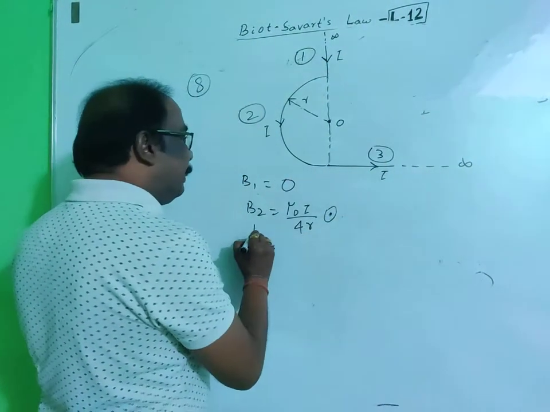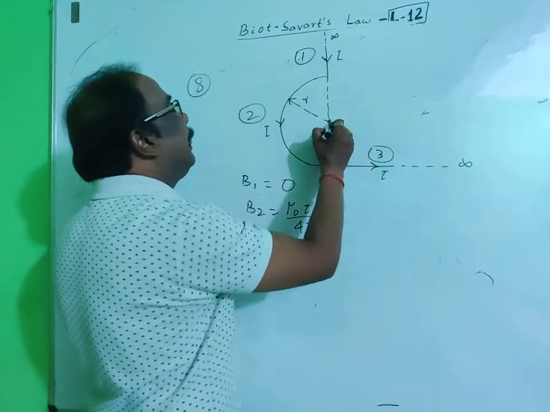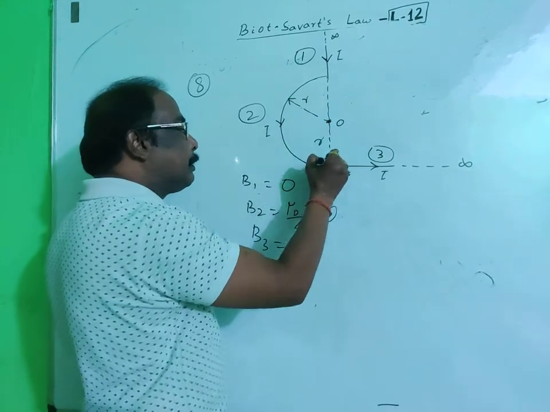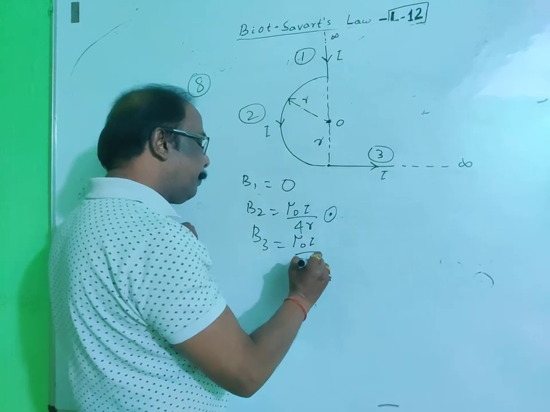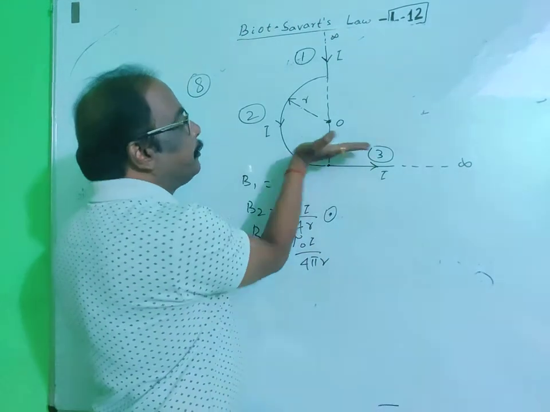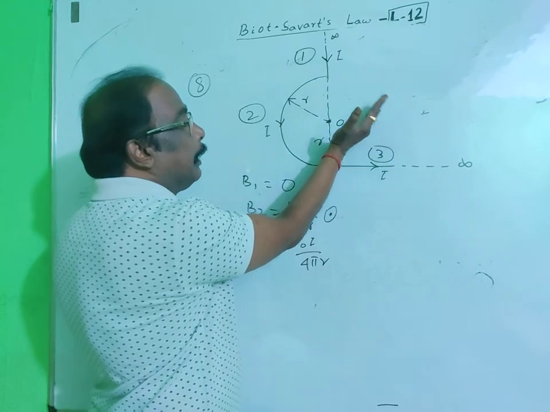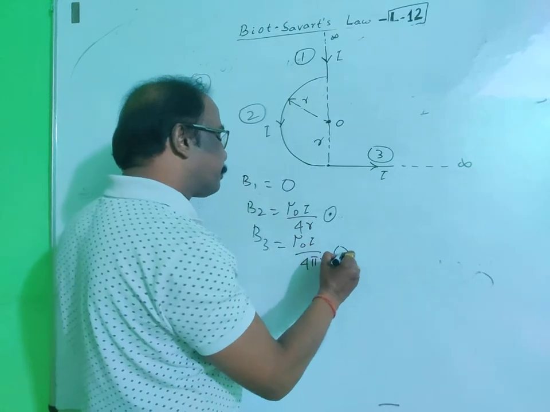Then magnetic field due to third conductor B3. This is a straight conductor of infinite length. We have to get magnetic field at O. Again, this is distance R, then mu naught I by 4 pi R. And direction, keep your fingers along the direction of current and curl towards O, and the thumb is again outward, means dot.